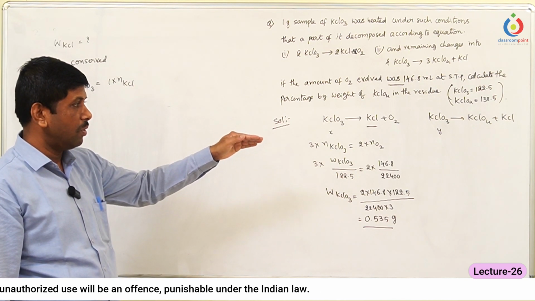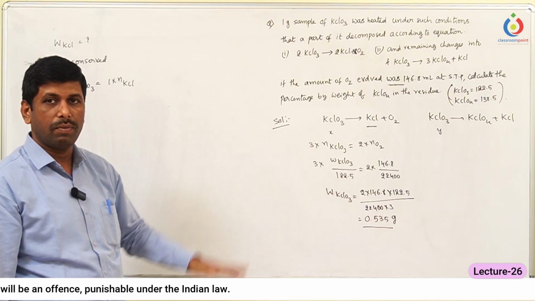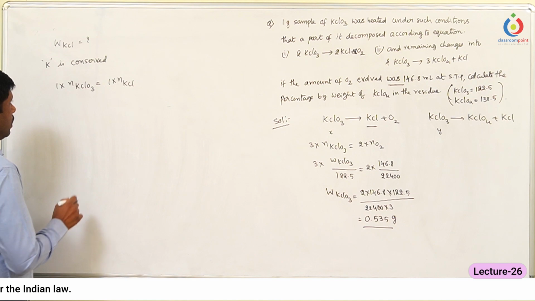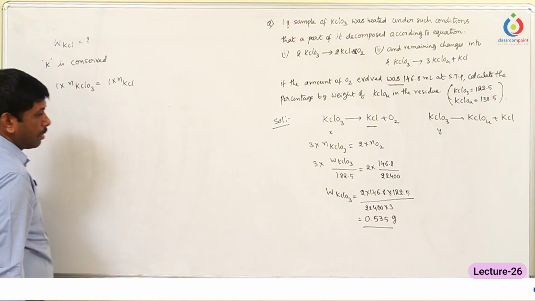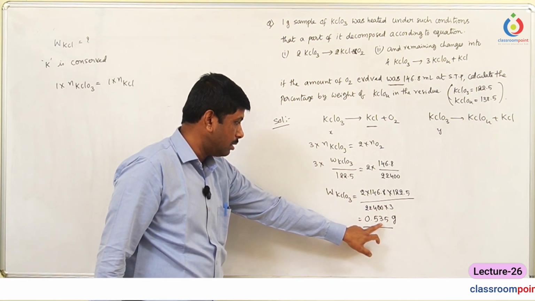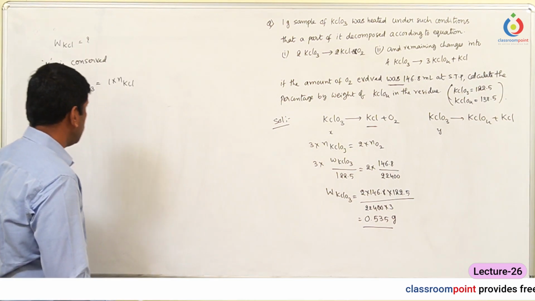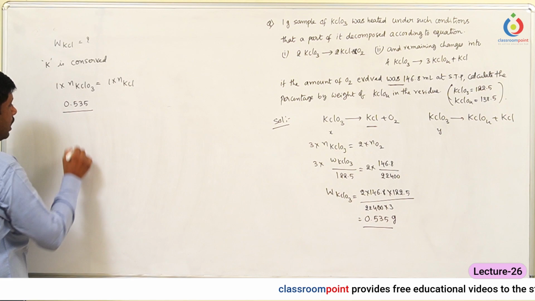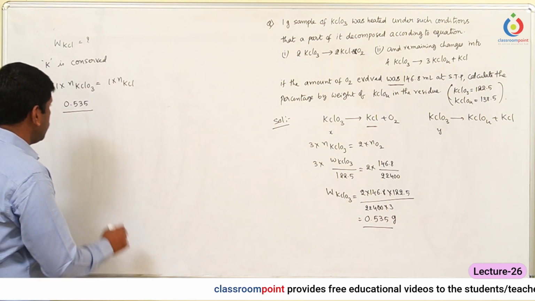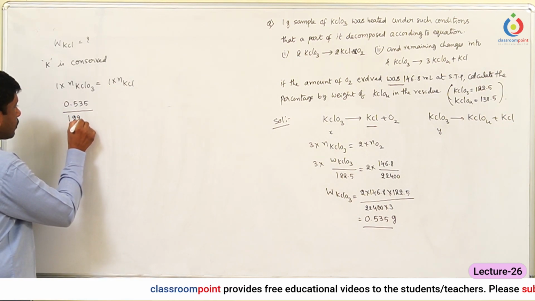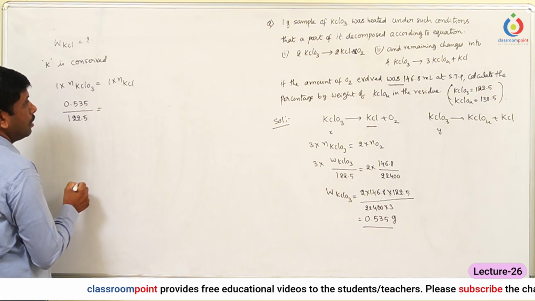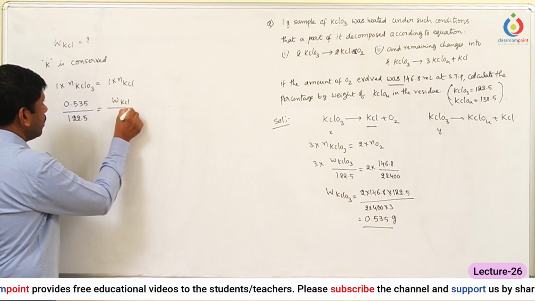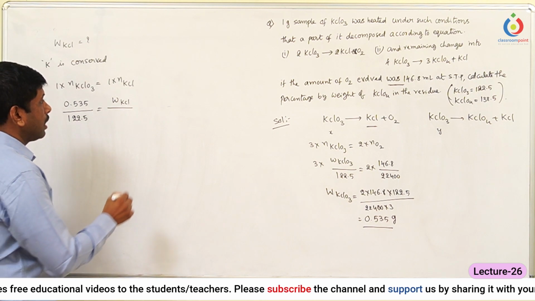Mass of the KClO4 divided by total mass of all the compounds. So the number of moles of KClO3, the weight we have found, 0.535 grams, divided by its molecular mass 122.5 equals the weight of KCl that has to be calculated divided by the molecular mass of KCl.